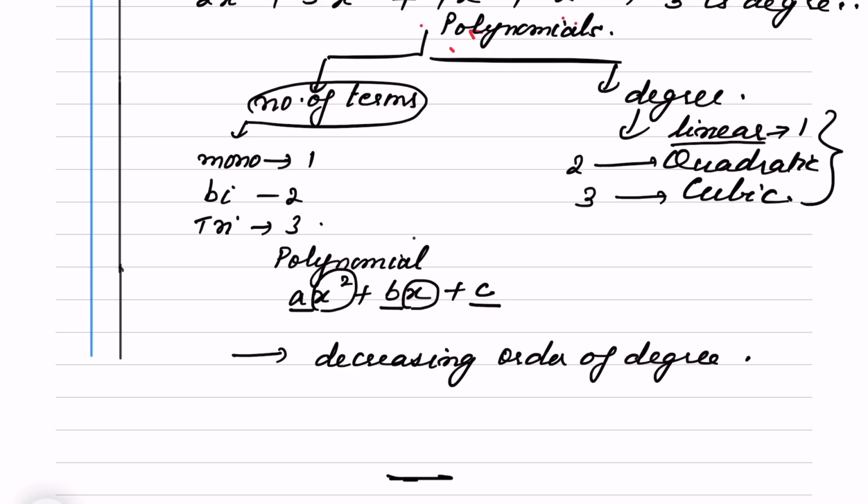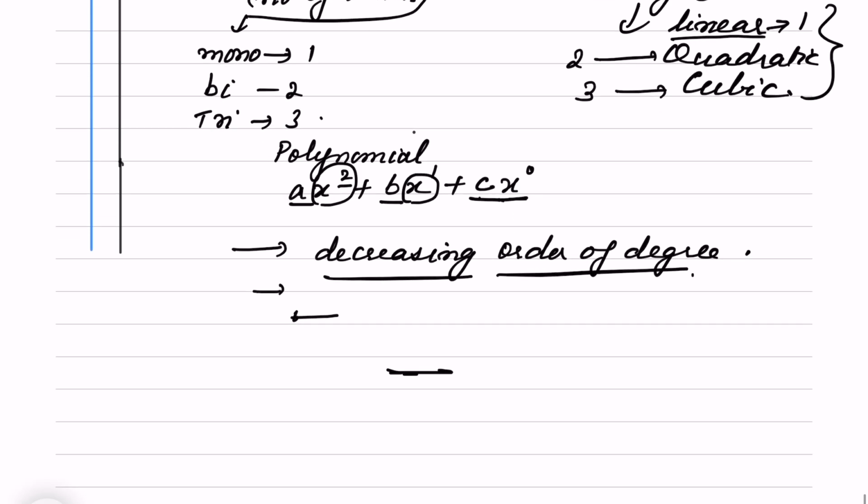Here you can see x to the power 2, x to the power 1 and here x to the power 0. So if it is not in standard form, we arrange the polynomial and write it in decreasing order of degree. Till here you have done quadratic polynomial.